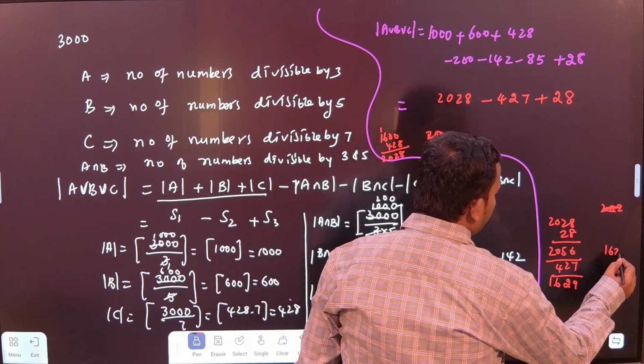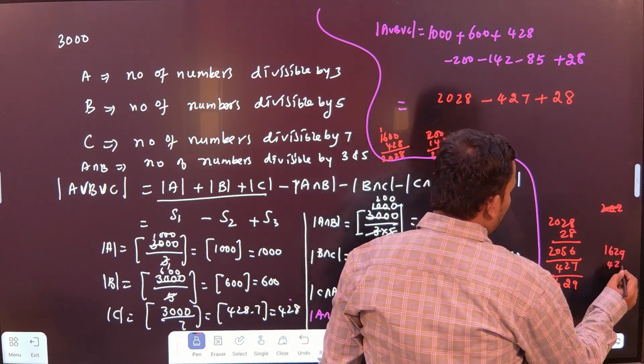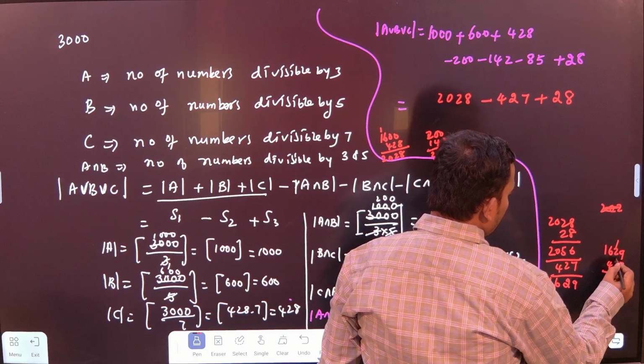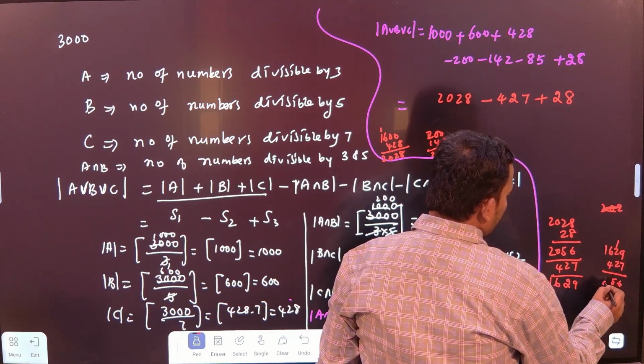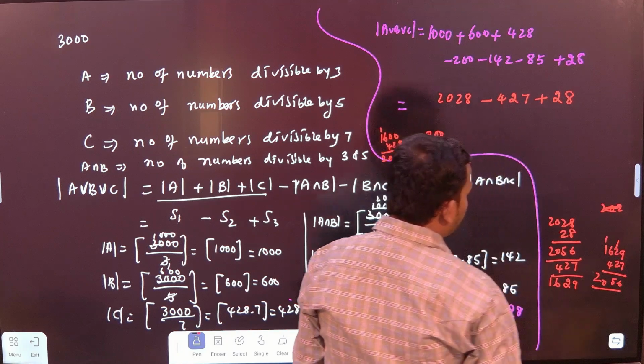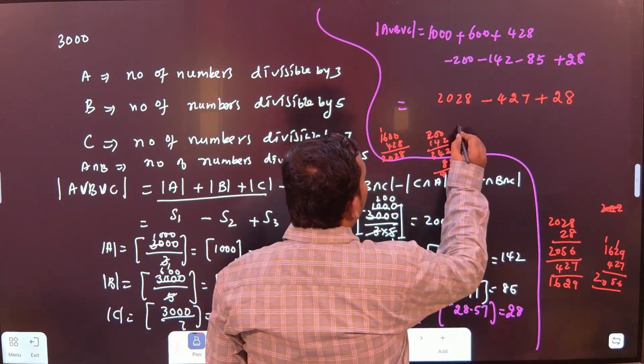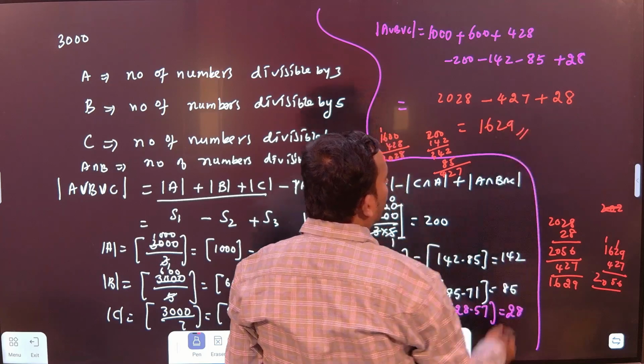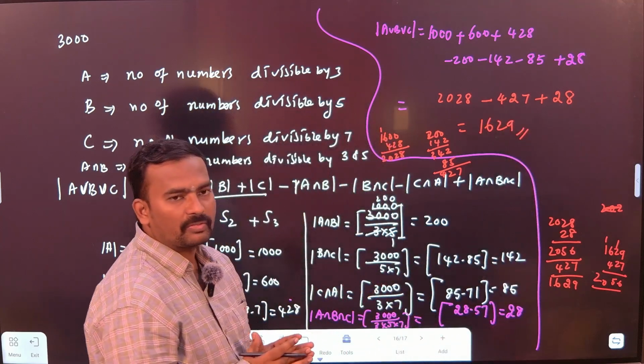Check once, 1629 plus 427 is 2056, yes, correct. The answer is 1629. These many numbers are there.